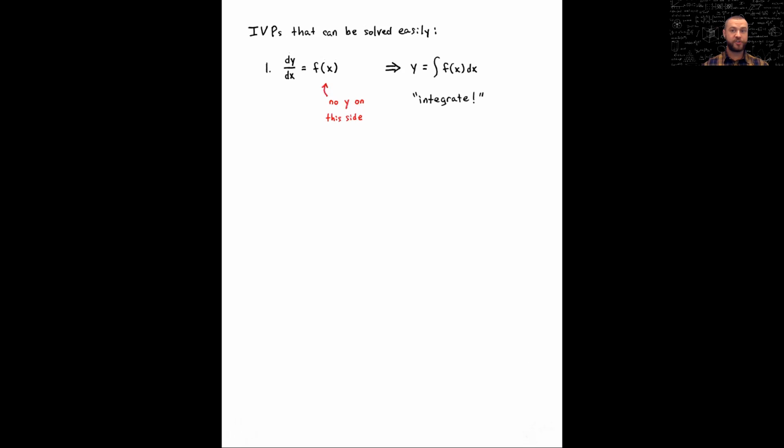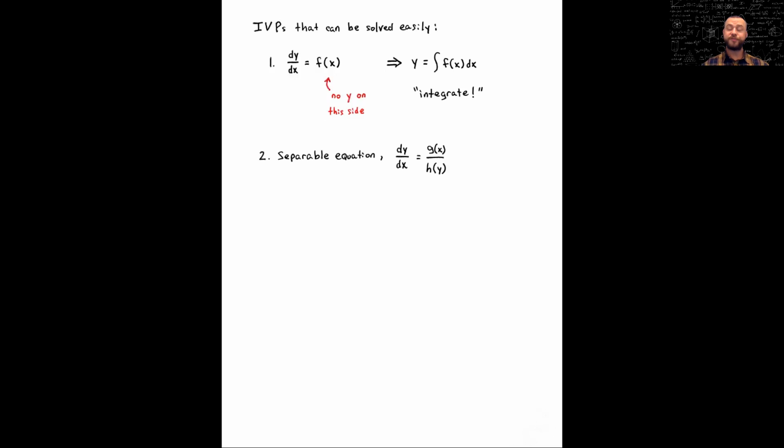Now maybe integrating or finding an antiderivative for f of x could be complicated, but theoretically, we just have to integrate. So this type of differential equation, we basically know how to solve. Most of your Calc 2 integration methods would work for these.